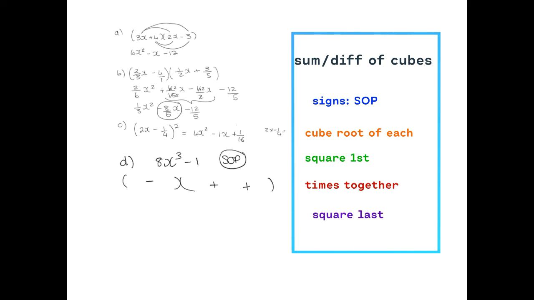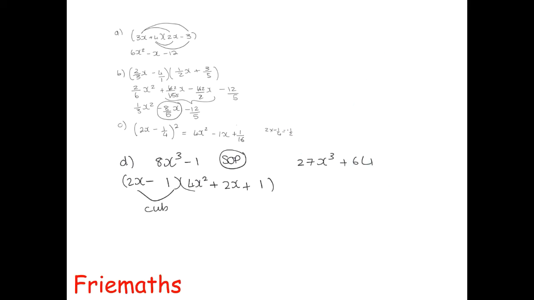You cube root the first, 2x, and cube root the 1. Then this bracket, you square the 2x, you square the first, so 4x squared. You then times them together and square the last. So cube root of each, square the first, times together, and square the last.